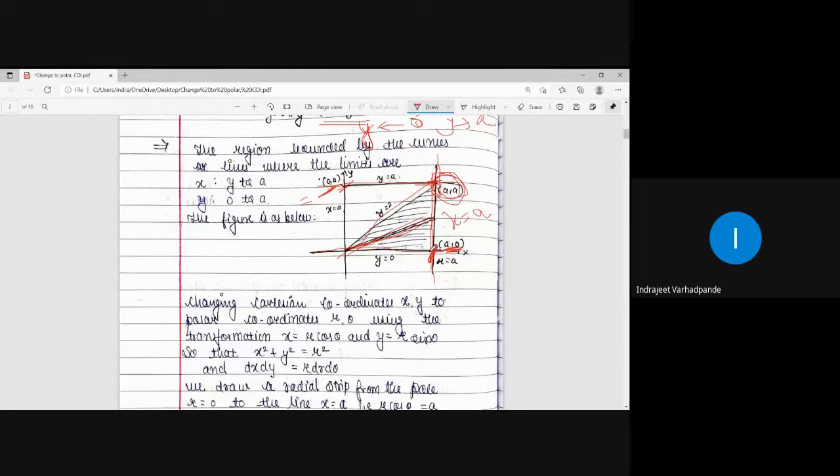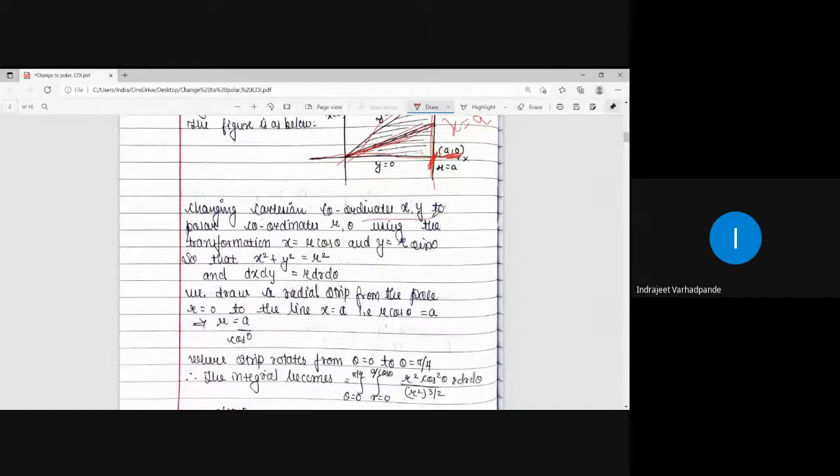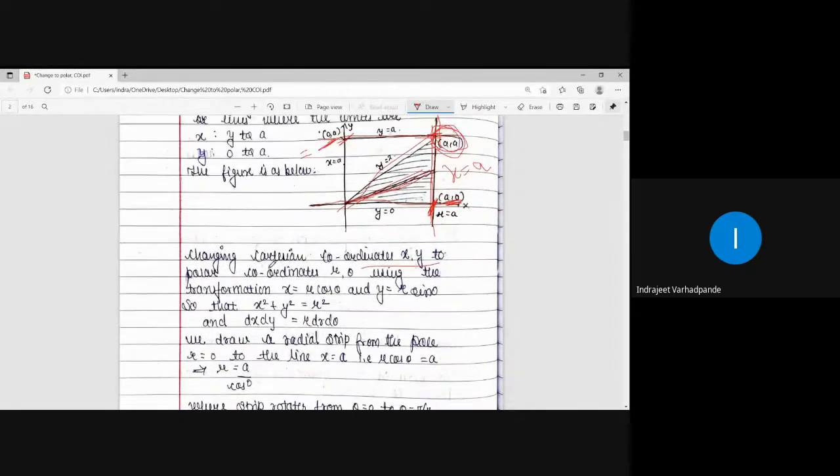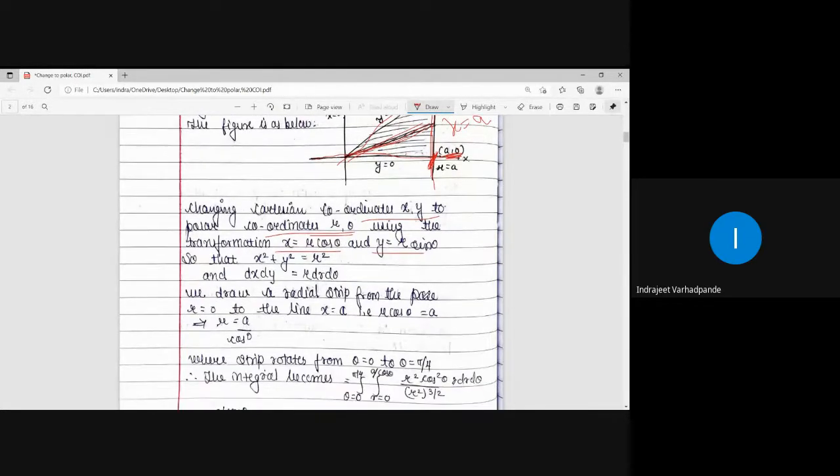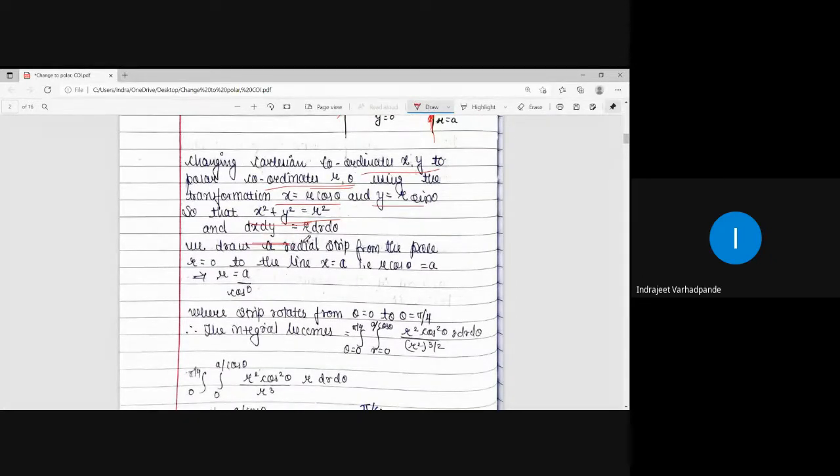Drawing the radial strip, we get the simplification. So changing Cartesian coordinates x and y to the polar coordinates r and theta using the transformation x is equal to r cos theta and y is equal to r sin theta, we get x square plus y square is equal to r square. dx dy will be r dr d theta.